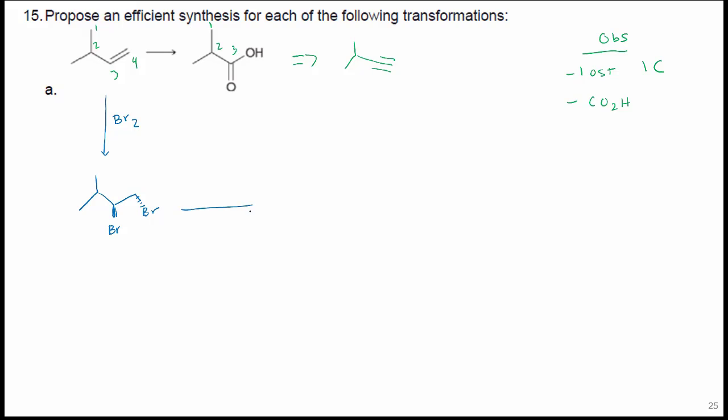So then in order to form the alkyne, I use excess NaNH2 followed by water. And that will form the alkyne. And then to get to this step, we use ozonolysis followed by water. Questions there?